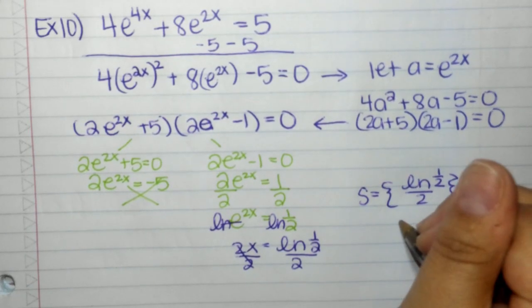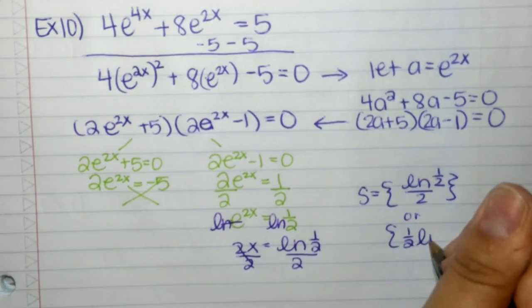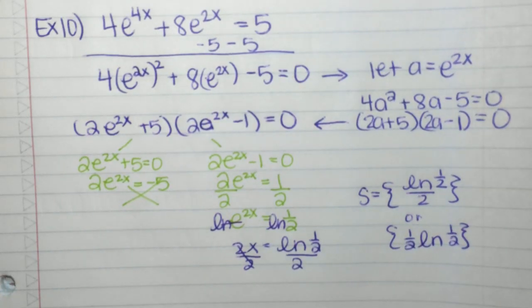Or you could write 1/2 natural log of 1/2. No more ors, y'all are over it. Again, if you're cool with that, you end it with that. I'm fine with that.